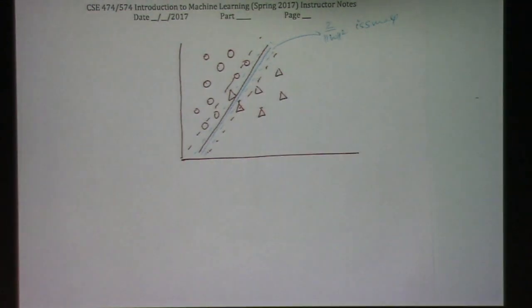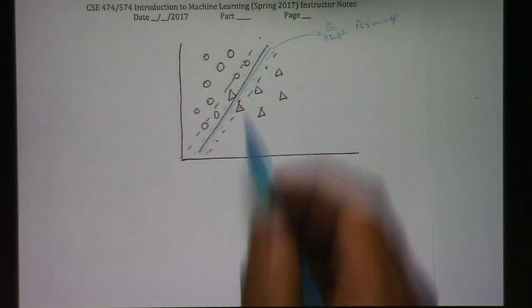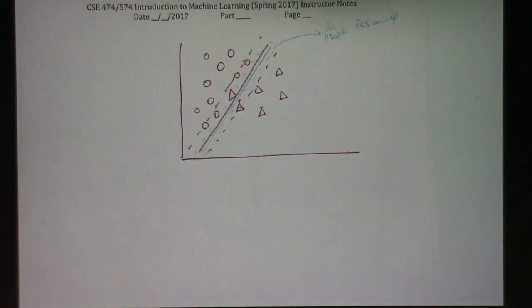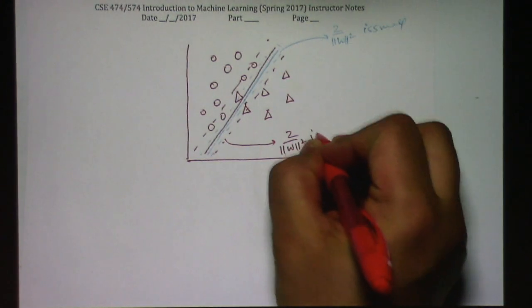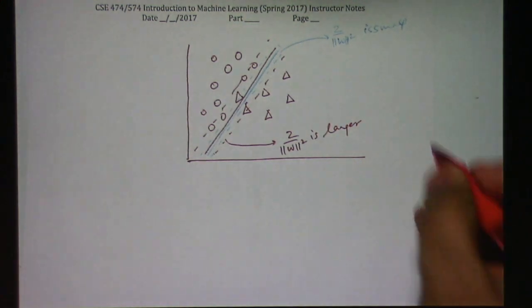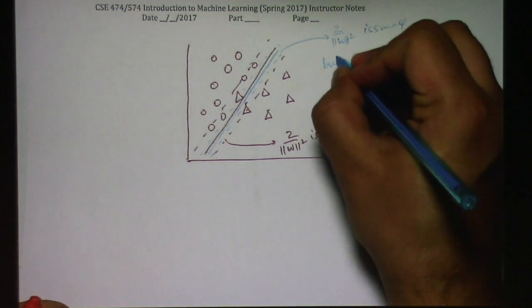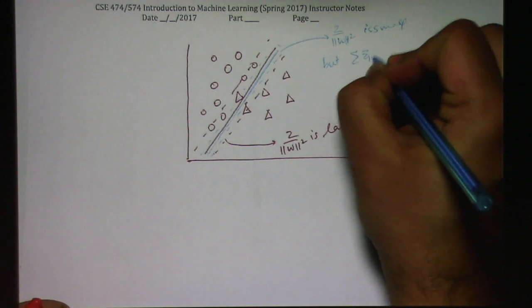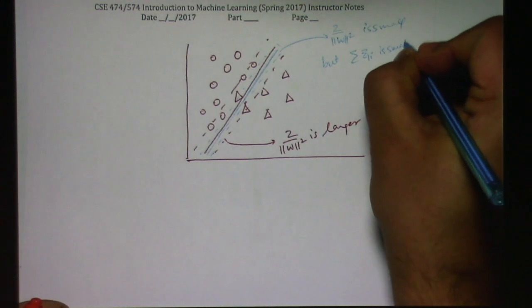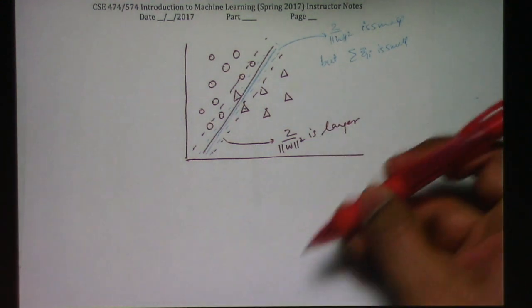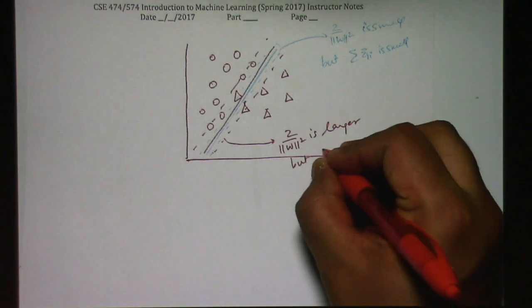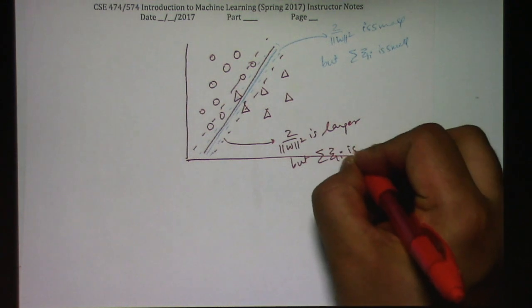But the slack penalty is also small, right? Because very few points are on the wrong side of the margin and they're wrong by a little bit. Whereas for the red one, 2 over W square is larger, but the summation of slack is also large, right?